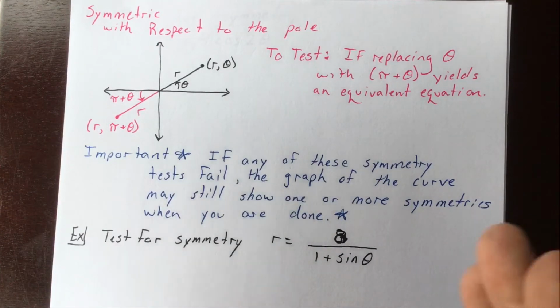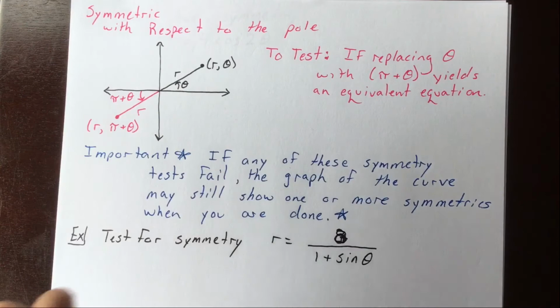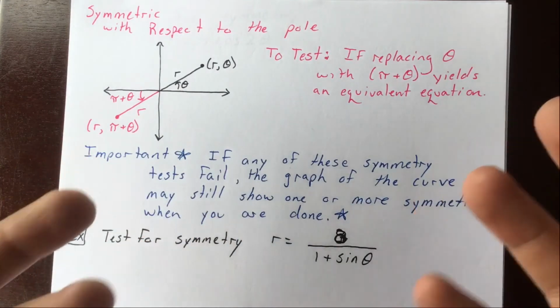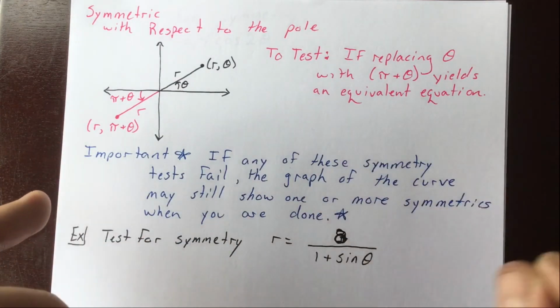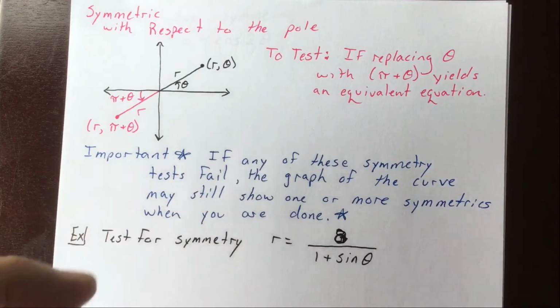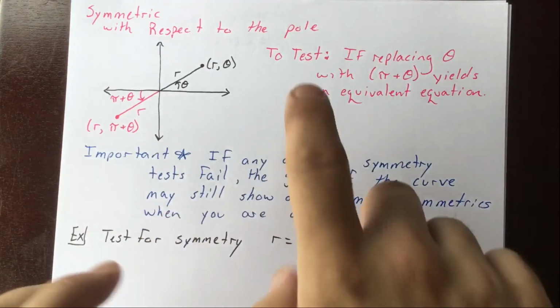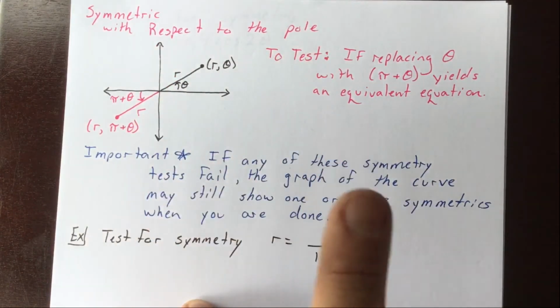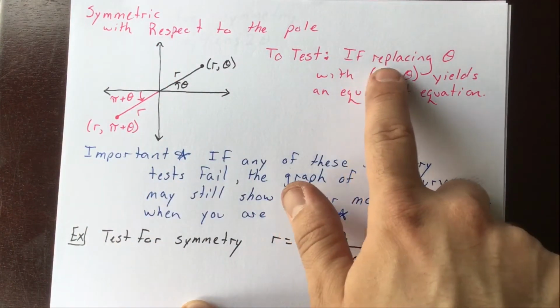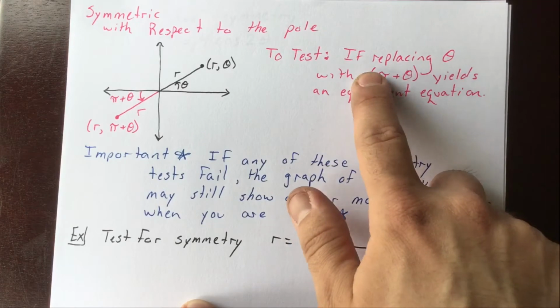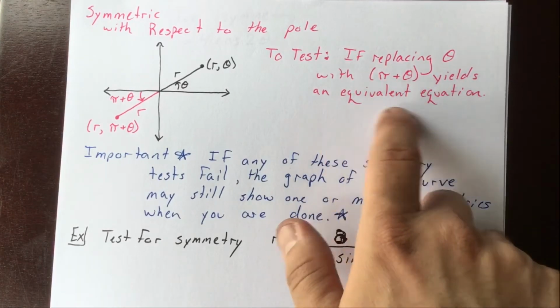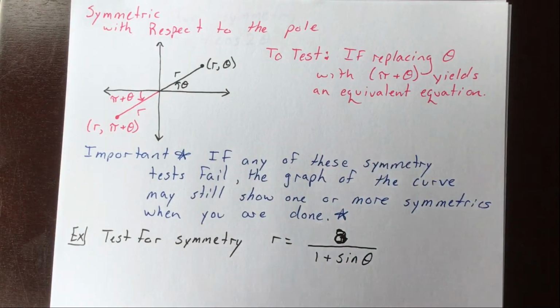Symmetric with respect to the pole. So thinking back to rectangular, this is symmetric to the origin. So thinking 180-degree rotation. This is the only symmetry that involves a rotation view. So with respect to the pole, to test this, we replace theta with pi plus theta to see if it yields an equivalent relation. Before we had pi minus theta, because that took us to quadrant 2.